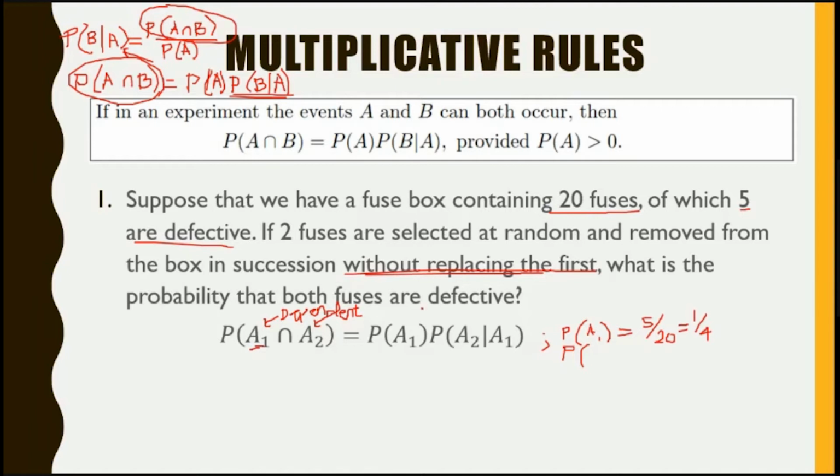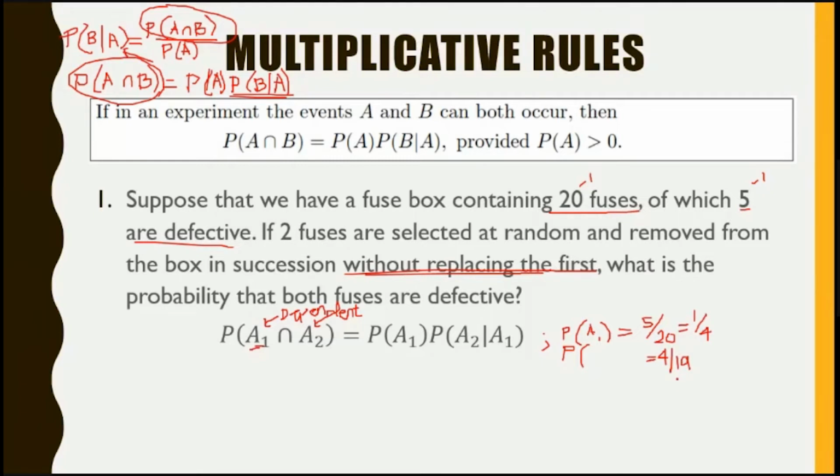Since we get one fuse, and say that that's defective, the number of fuses in the box will become 19. Since we deduct 1, and since we got 1 defective, the number of defective left would be 4, and that is 4 over 19. Now the question here is, is this the probability of A sub 2?